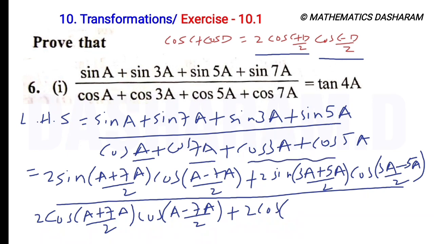So here, 3A plus 5A by 2 into cos 3A minus 5A by 2.